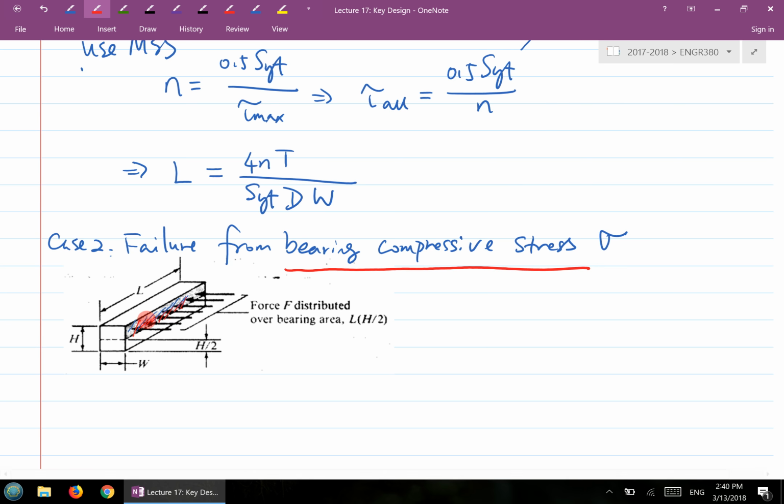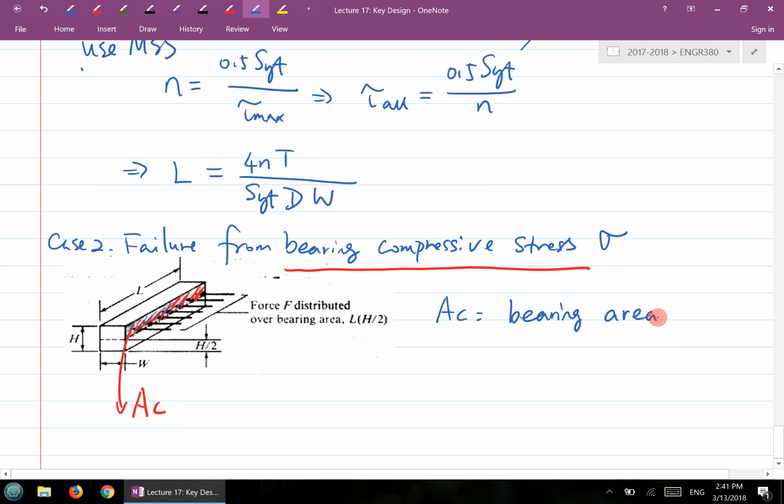Let's say we take one side, for example. That shaded area is called AC, the compressive bearing area.